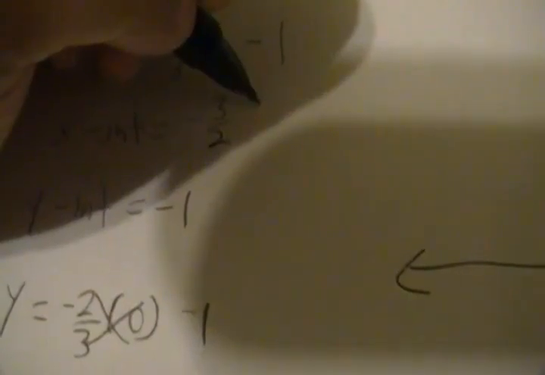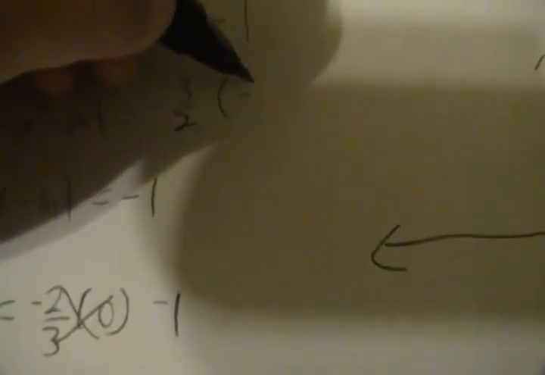So our x-intercept is -3/2. Now as an ordered pair, it's going to be -3/2, which is the x value, comma 0. And then the y-intercept is going to be 0 for x, and then the y value, which is -1.